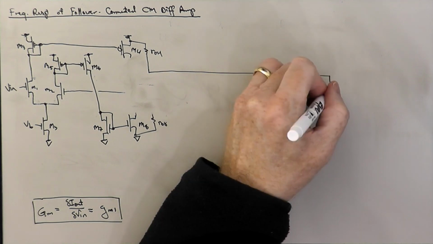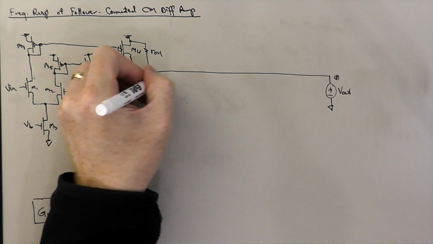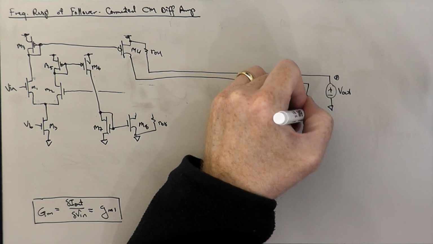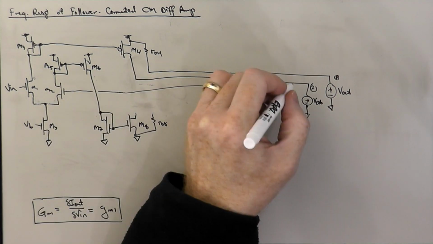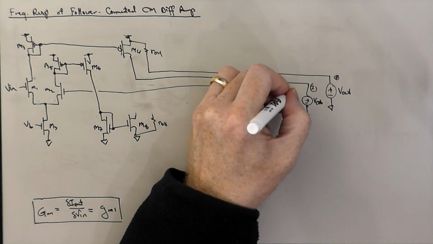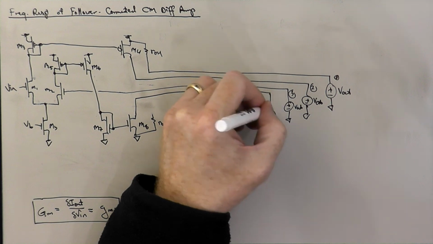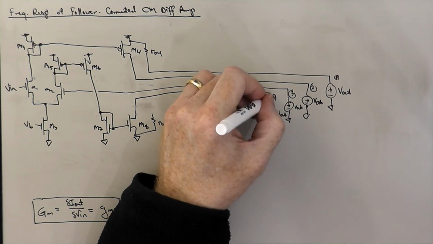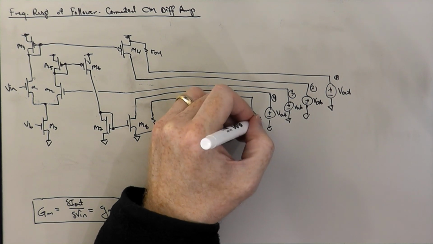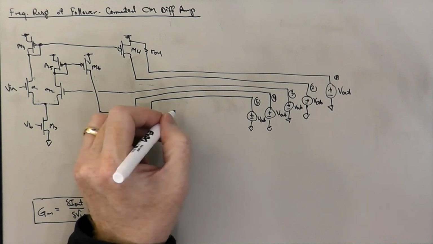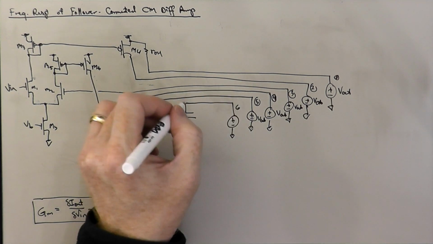Okay, so here's number 1. Number 2. Three. 4. 5, and we lost the capacitor here. 6.